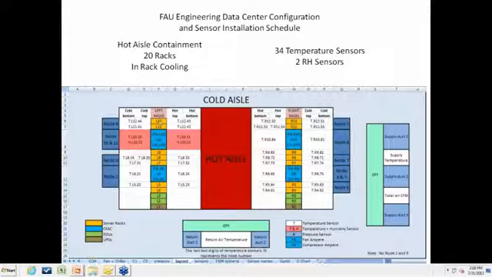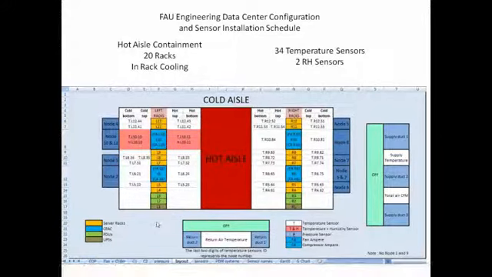So that's an RF node that has two temperature sensors attached to it. The two below that are temperature and humidity sensors, so there are some humidity sensors on the inlet and outlet side of that rack. I think those are the salient points of this picture. It's just to show the layout of the sensors in the data center.